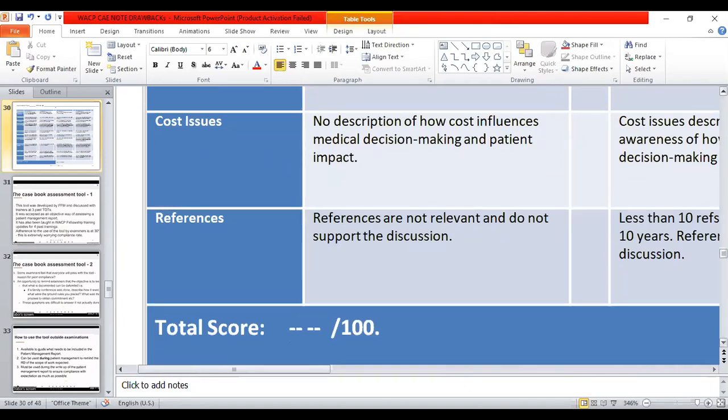After that, the total score will be over 100, so that whatever you get is objectively done, not subjective. You should not feel that a lecturer or examiner doesn't like you, that's why he scored you wrong. You must satisfy those criteria.